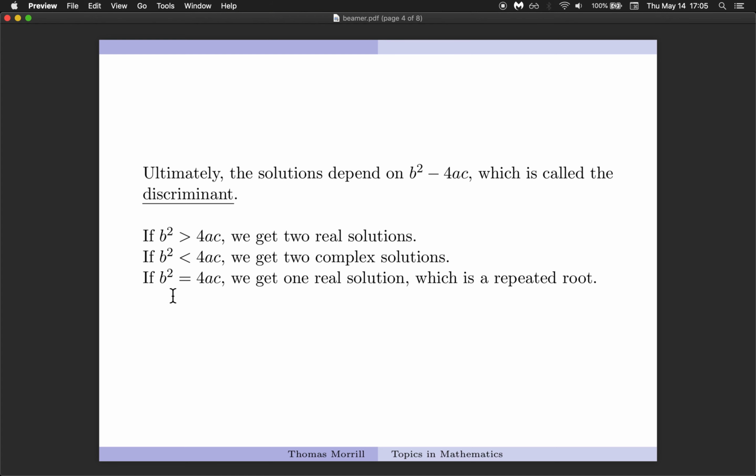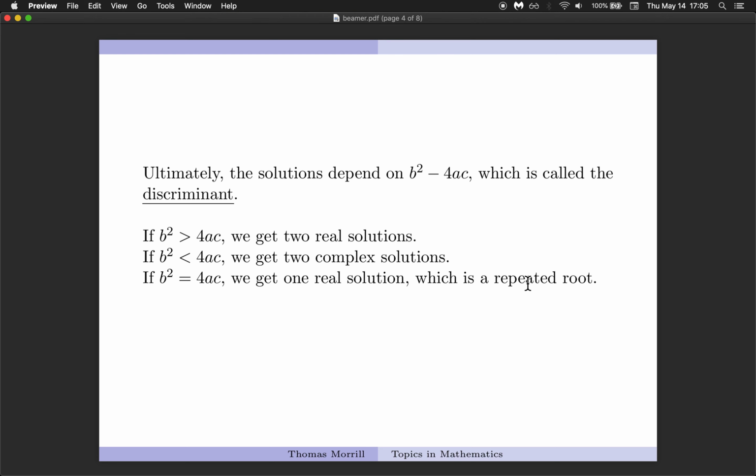The last possibility is what happens if these 2 things are equal to each other. If b squared is exactly equal to 4 times a times c. For my quadratic formula, I'm taking the square root of b squared minus 4ac, and I said that those are the same number, so I'm taking the square root of 0. That's not so bad. Square root of 0 is 0.